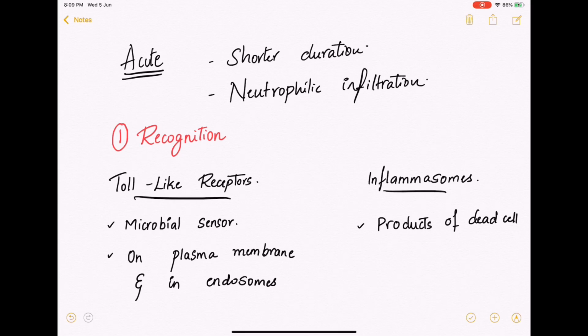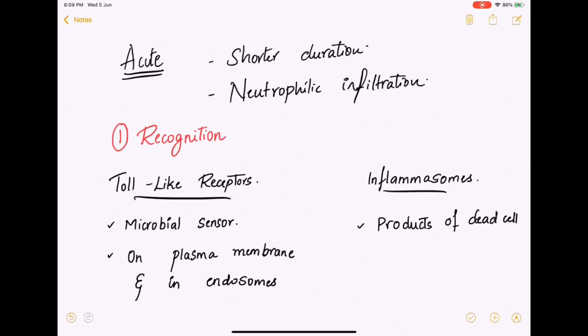They are present on the plasma membrane, also on the endosomes, so they can recognize extracellular pathogens, also internalized pathogens. They recognize these and bring about activation of a few transcription factors, which will cause the release of a few cytokines, which help in leukocyte activation and attracting them to the site of inflammation.